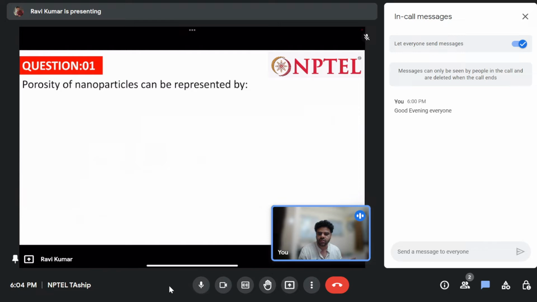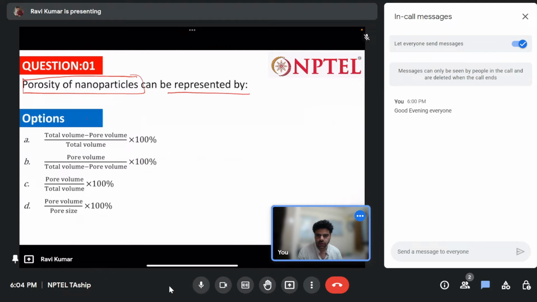So this is the first question, which says porosity of nanoparticles can be represented by. You just need to tell me the formula for the porosity of nanoparticles. These are the options. Option A says total volume minus pore volume divided by total volume.